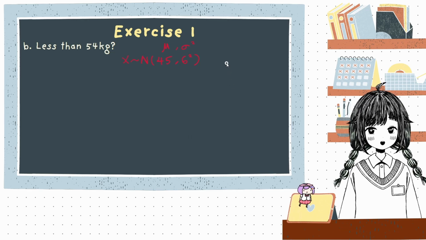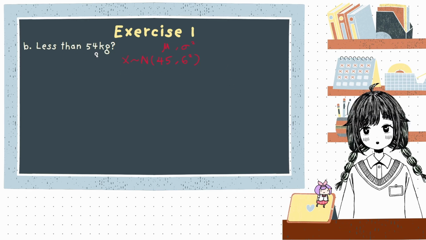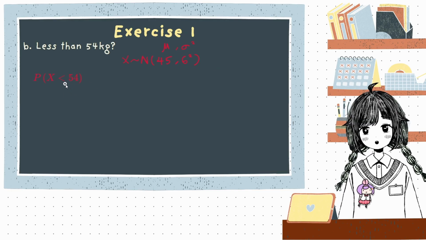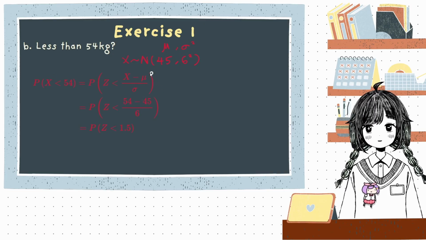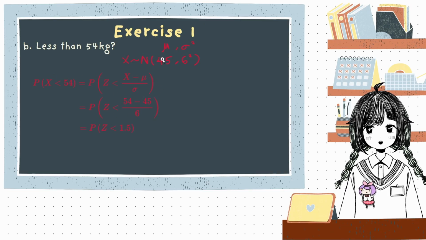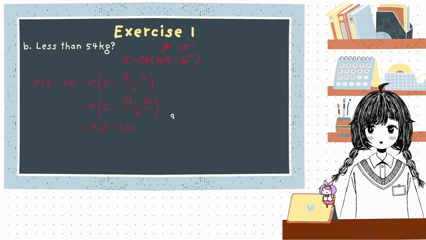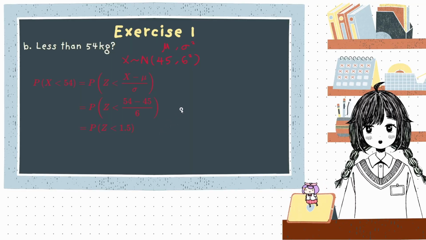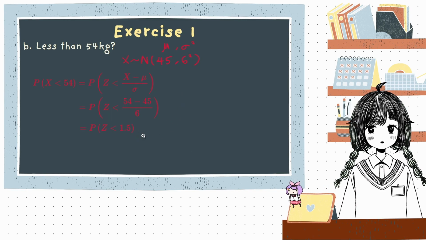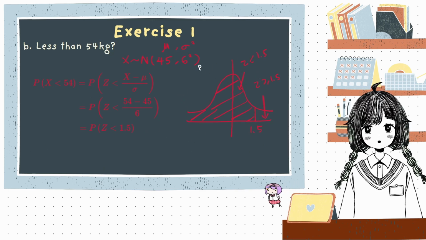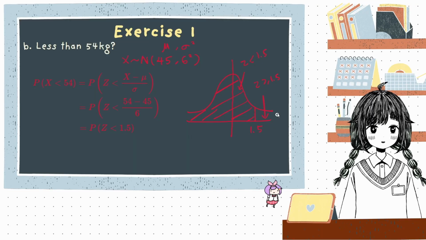On to the next question. B is less than 54 kg. So the probability less than 54 is here, like this one. We solve it the same as in A, mean and standard deviation stay the same, and we get P(z less than 1.5). This is a bit different from A, since less than 1.5 will end up looking like this, and our z-score table only applies for this part.